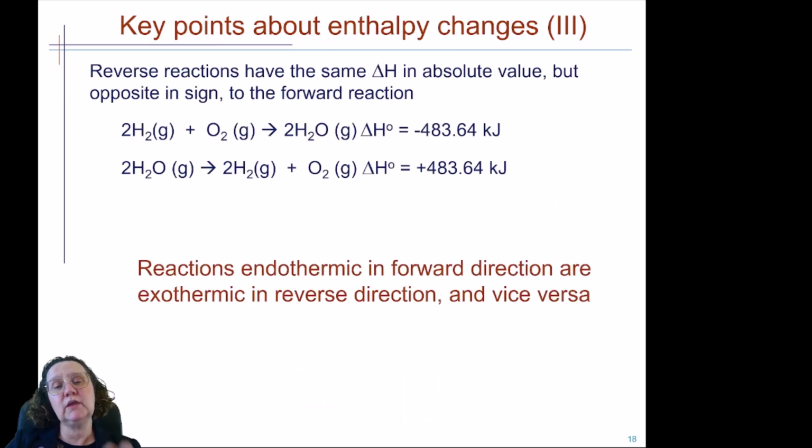Reactions that are endothermic in one way are exothermic in the reverse direction, and that kind of makes sense. So when you have a reaction, you're actually having two pieces of information. One, what happens when the reaction goes from the reagents to the products. For example, in the reaction at the top, 2 moles of hydrogen gas react with 1 mole of oxygen gas to produce 2 moles of water gas, and that is an exothermic reaction, and it releases minus 483.64 kilojoules.